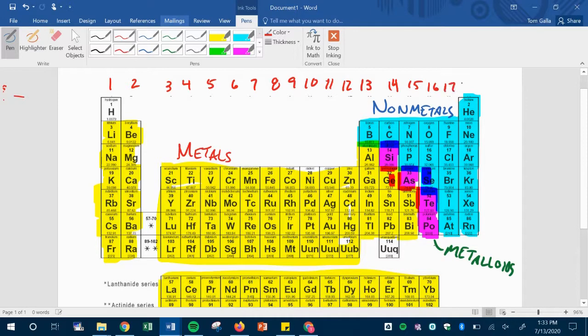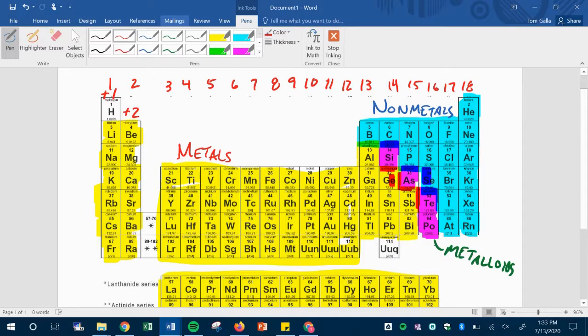Then 16, 17, and 18. What this means is that everything within group 1, which we just talked about as having a +1 charge, all forms +1. So hydrogen forms +1, lithium is +1, sodium's +1, potassium, rubidium, cesium, francium, they all form a +1 charge. Then in group 2, remember we labeled that as +2.